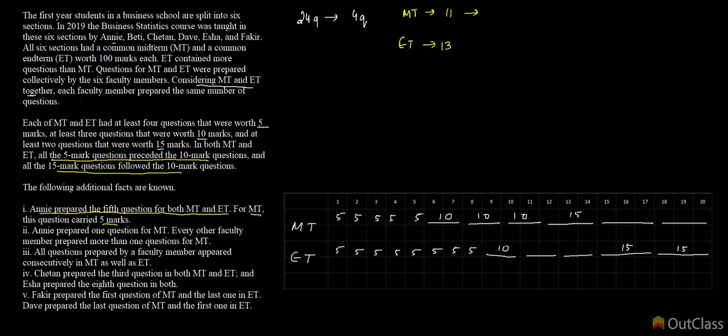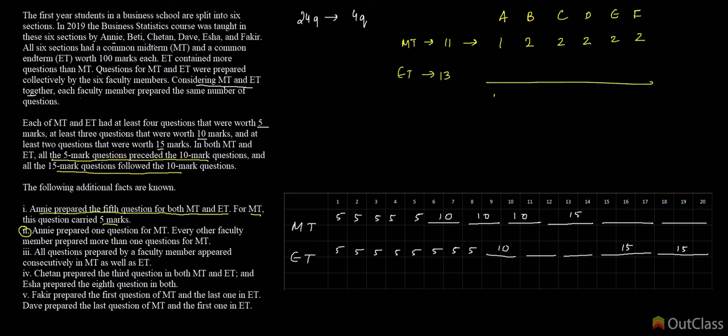Now it is given that, second clue says, Annie prepared one question for MT. So if you look at the breakdown by person, let's just put A, B, C, D, E, F. Annie did one, everybody else did more than one. And you will see that there's only one solution, that is to make everybody else do exactly 2.